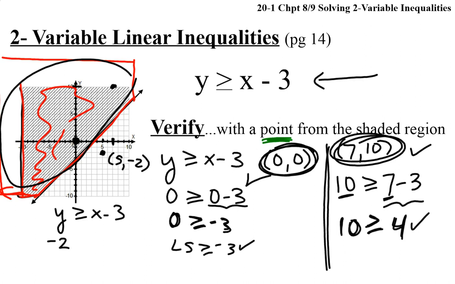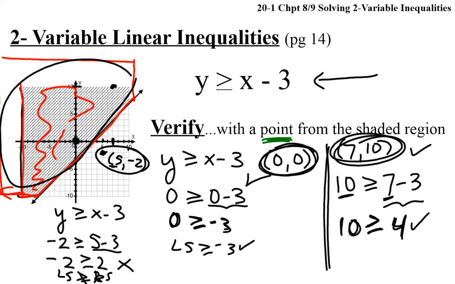We say that y is negative 2, greater than or equal to x, which we're calling 5 in this case. 5 minus 3 is 2. Negative 2 greater than or equal to 2? Well, no, that's not true. The left side is not greater than or equal to the right side. But it shouldn't have been true because that's a point that's not in our solution area.